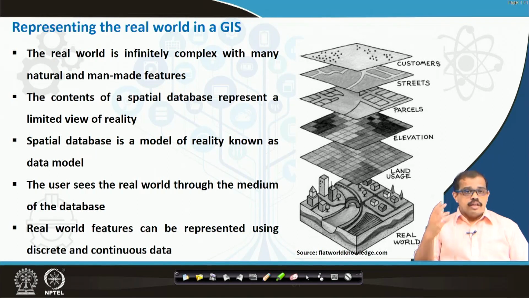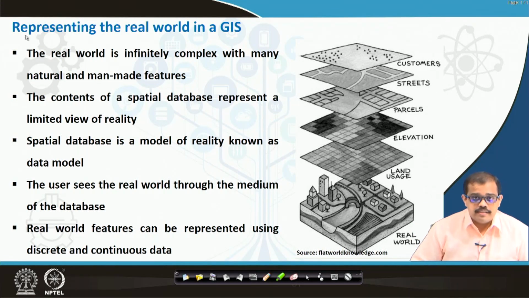Real world features can be represented using both discrete and continuous data. Whenever we consider data, there are two types: one is discrete data, discrete points, and the other is continuous data. On your right hand side, I have a set of layers. This is the real world. Then I have a land usage layer, in the form of squares or pixels.